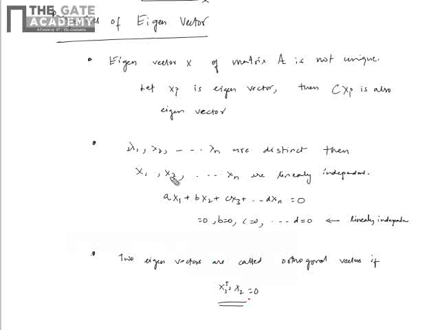So till now we have seen the definition and the properties. We have solved one introductory example to know what an eigenvalue and an eigenvector are, and we have seen the basic properties of eigenvalues and eigenvectors. Now let's move on to an important theorem called the Cayley-Hamilton theorem.